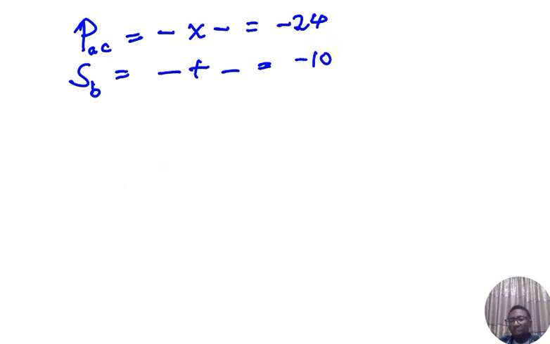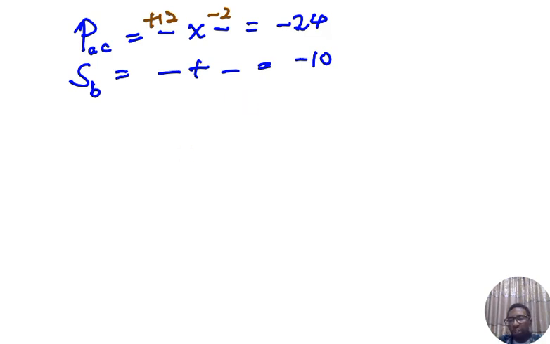Such numbers are plus 12 and minus 2. Let's check. Plus times minus, that's minus, 12 times 2 is minus 24. Oh sorry, that will not give me minus 10. Let's flip it.